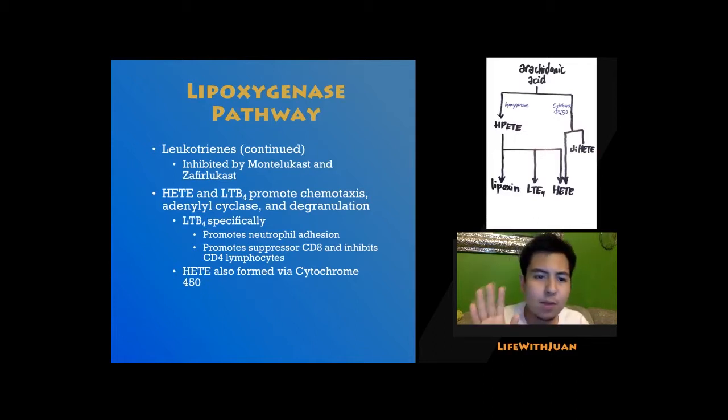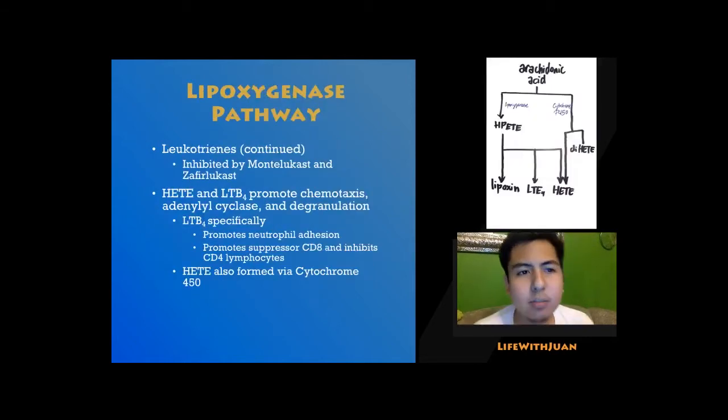It's like, hey, wait up, we're not ready to go full on war yet. And CD4 lymphocytes essentially are in charge of recognizing enemy cells as presented by antigen-presenting cells like macrophages and dendritic cells. HETE is also formed from the cytochrome pathway, which is cytochrome P450.